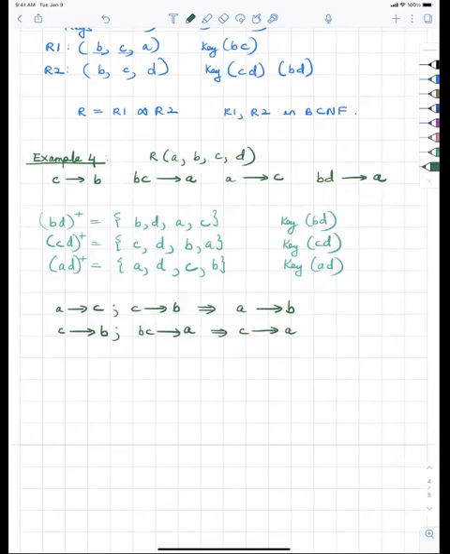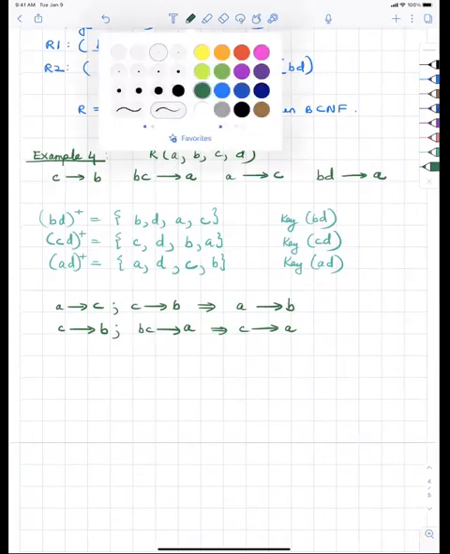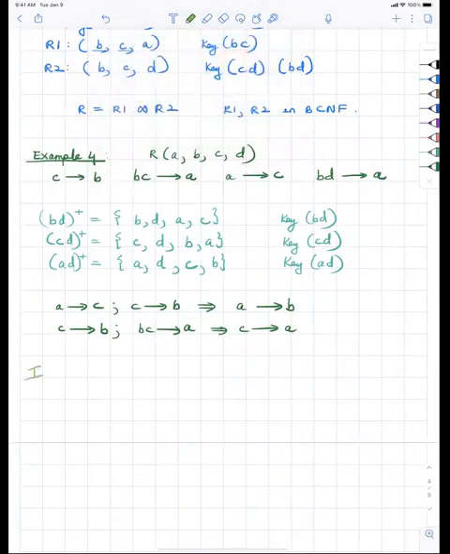The first one, you can pick any of them.